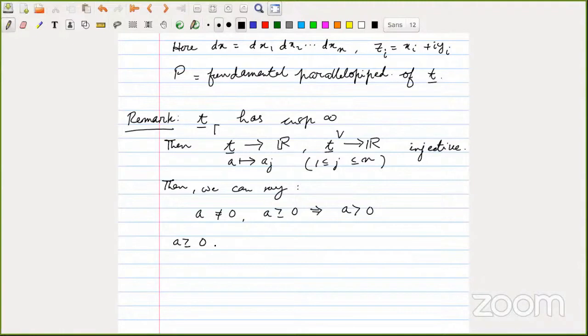A bigger than or equal to 0 is equivalent to saying A_j bigger than or equal to 0 for all j, and A bigger than 0 is equivalent to A_j bigger than 0 for all j.